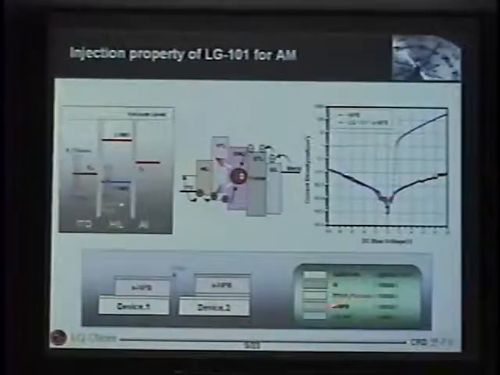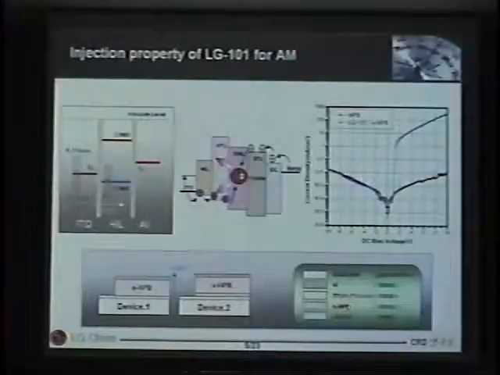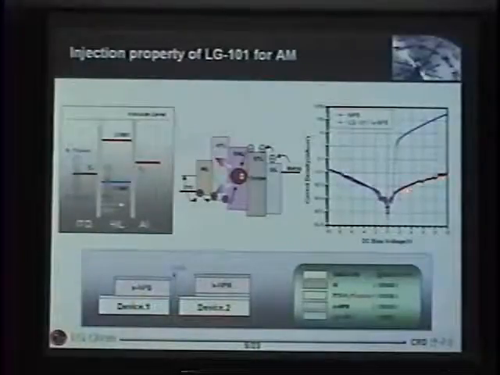But we treated this ITO with nitrogen plasma. Nowadays most people treat the ITO with oxygen plasma to make the work function high. But instead of that, we use nitrogen plasma, so we lower the work function. As you can see from the red line, there was almost no charge injection from the nitrogen plasma treated ITO into NPB.